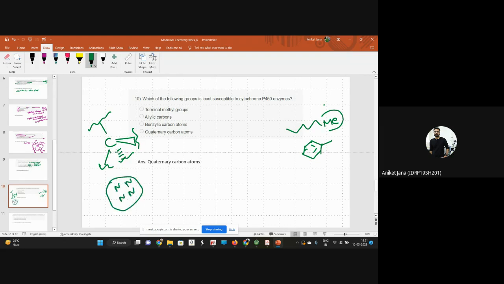It is very difficult to approach this sterically hindered site. So what is our right answer? Quaternary carbon atom.